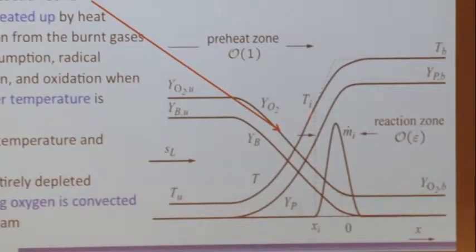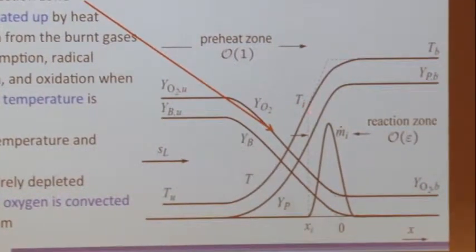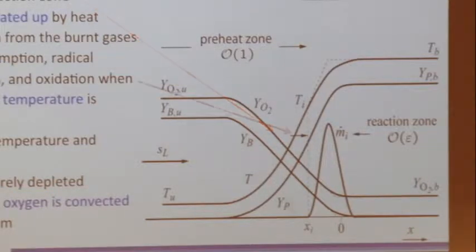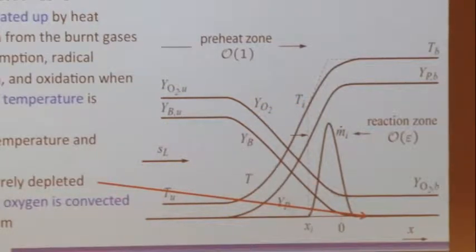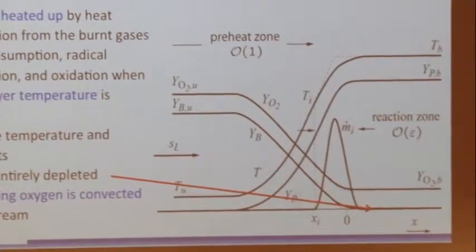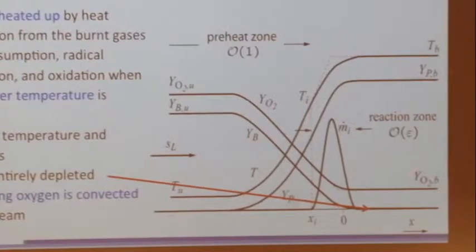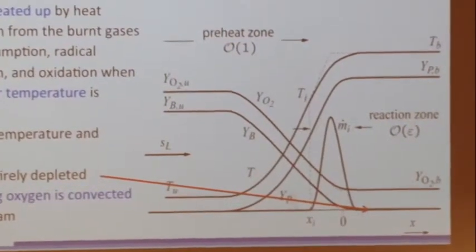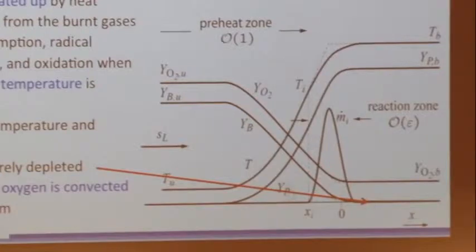The gases here are heated up to that temperature, and then once they're at this temperature, then things take off and chemistry happens, and then you get a heat or temperature increase here by chemical reactions. And then whatever is left over, here fuel is usually entirely consumed. Whatever's left over here from the oxygen, that is then just convected downstream.